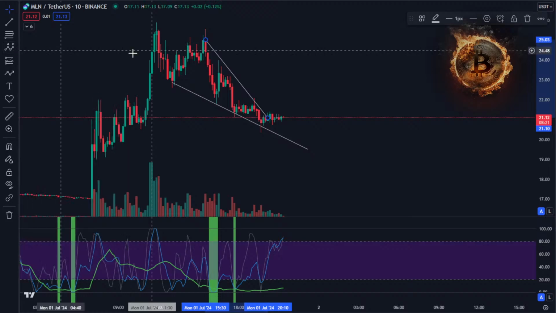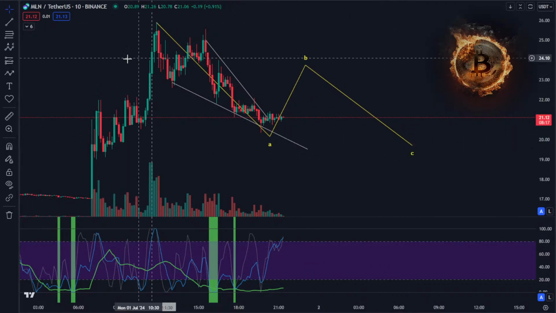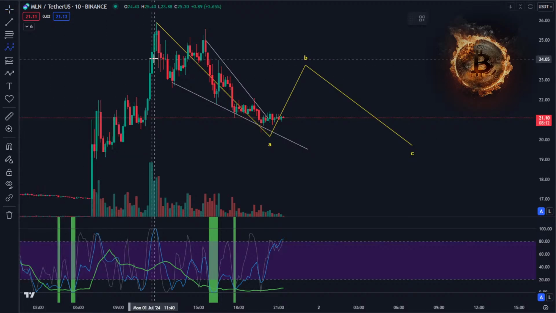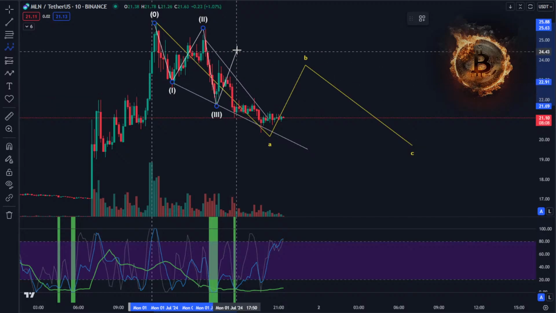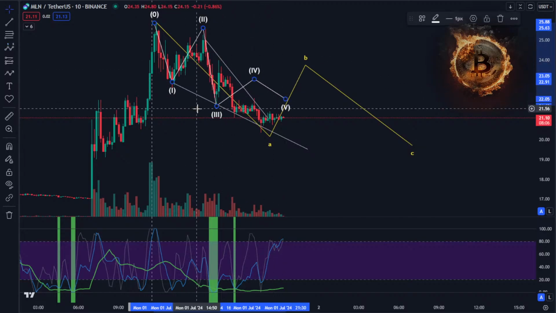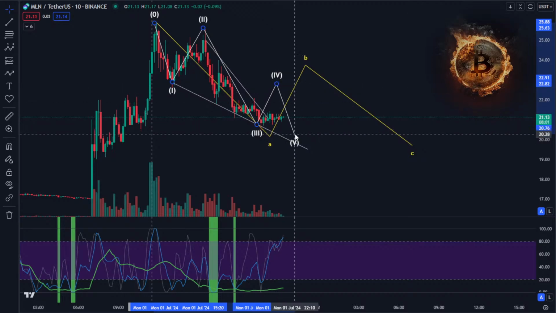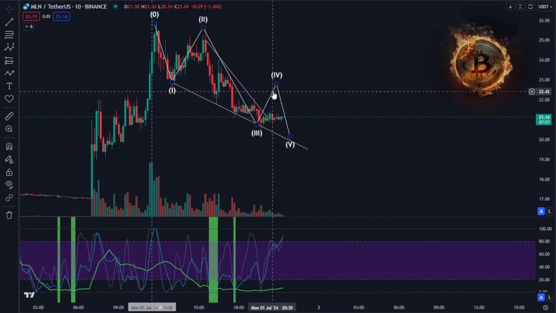All of it is an A, and then we get a B and then a C. So in that case we would have to see 5 waves here. So 1, 2, sorry, 3, 3 should be down here, and then 4 somewhere, and then 5 for the A. That's also another way to look at it.